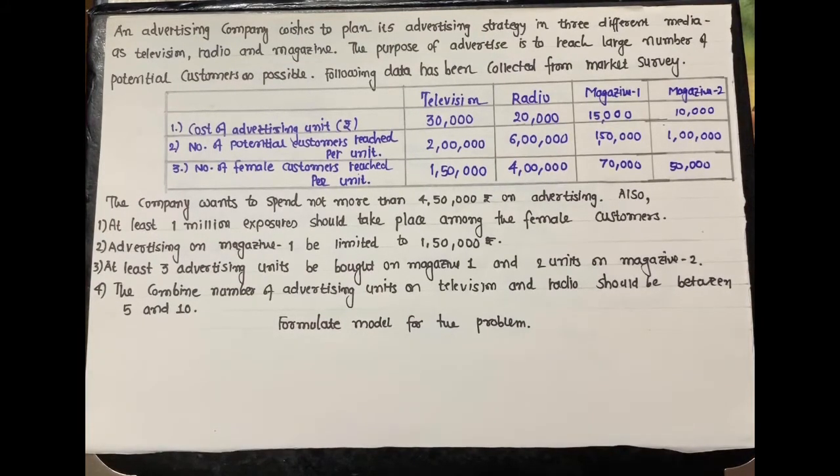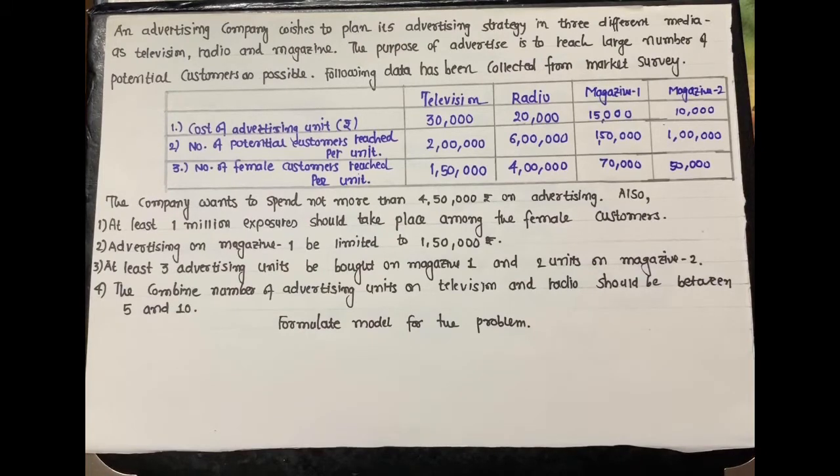Second criteria, second survey, it is that number of potential customers reached per unit. Means if the single advertise is broadcasted on this different platforms, how many viewerships will be there. So for the television, per unit broadcasting viewers are 2 lakhs, for radio it is 6 lakhs, for magazine 1 it is 1,50,000 and magazine 2 it is 1 lakh.